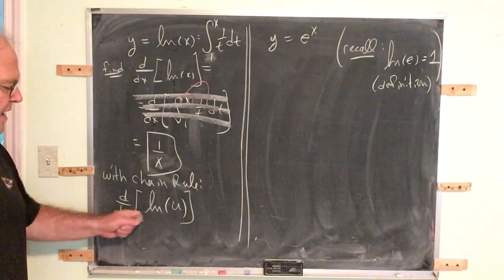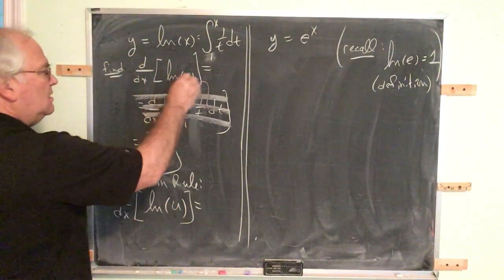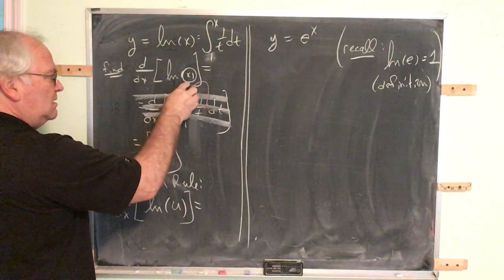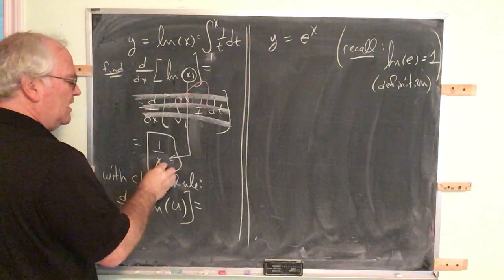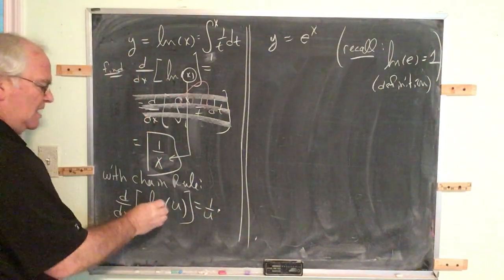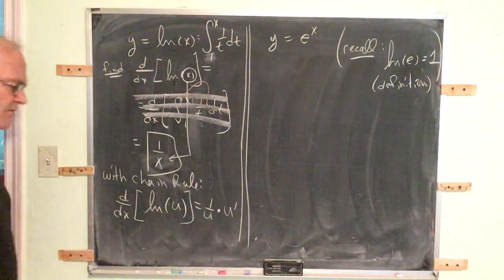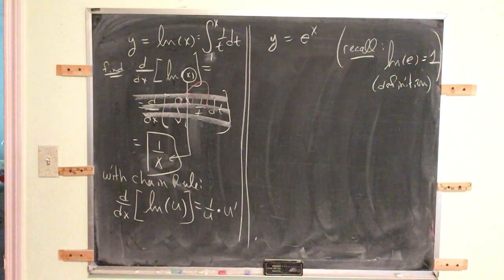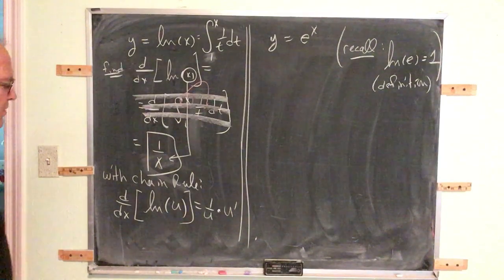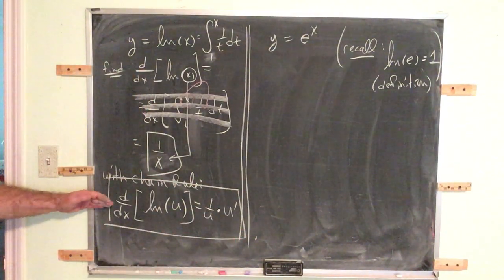The argument goes to the denominator, but then you need to multiply, because of the chain rule, by the derivative of u. So, with the chain rule, this is the basic form for the derivative of natural log of u.